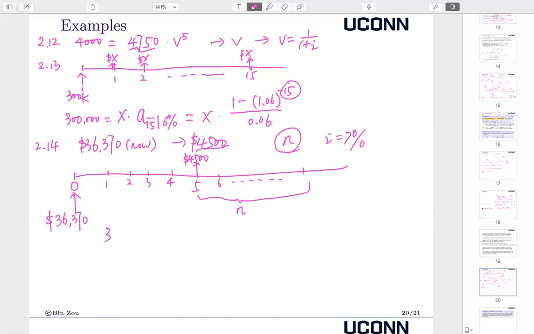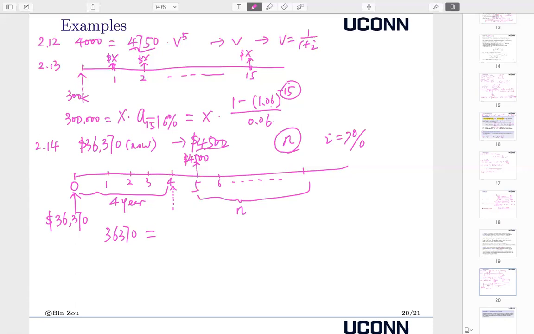So I know my present value. There's nothing I need to do. So shall we do it as an annuity immediate? If we do this as an annuity immediate, what is your time 0? 4 years is the time 0 for this annuity immediate. In other words, you can think of this as a deferred annuity immediate for how many years? 4 years, right?